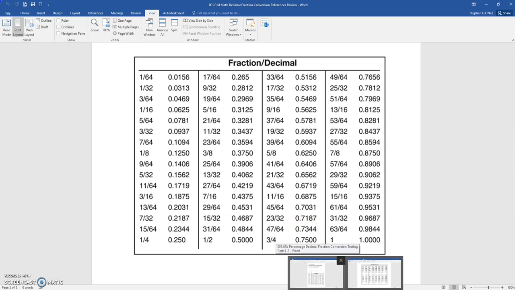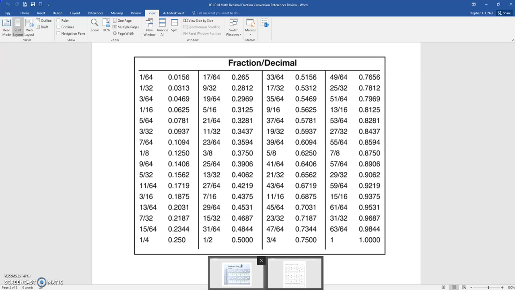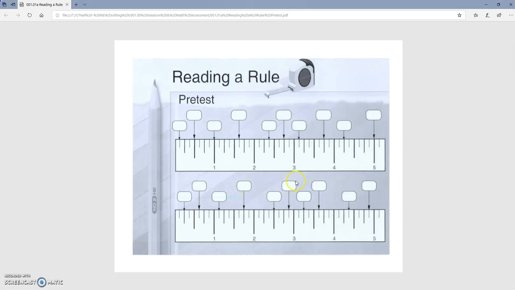I want to switch now over to this rule chart, which is 01A. So we're kind of going out of alphanumerical order, but this is all under week 1, the math assessment portion. This is a reading a rule pretest.